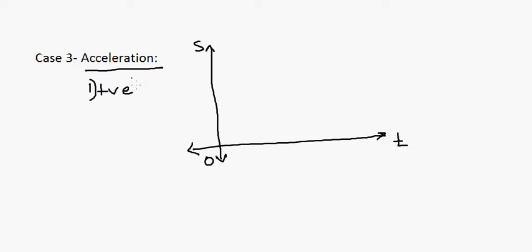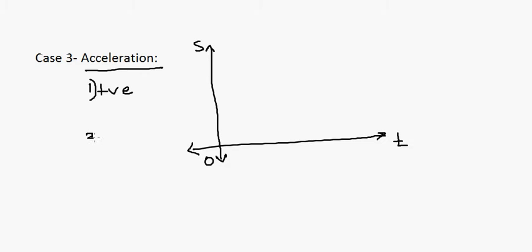So in the first case, positive acceleration means there is an increase in velocity. Acceleration is supporting the velocity, so the velocity is increasing in its direction.